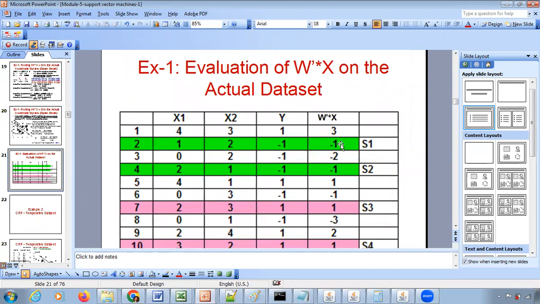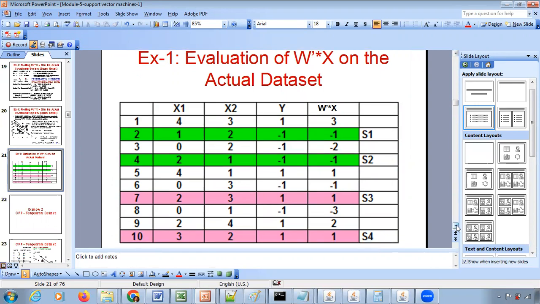That's why we get -1, -1 for the negative class support vectors, and 1 for the class 1 support vectors, because we just used a normalized version of these data points to come up with the model. So when you transform to W prime times X, we also get 1, 1, negative 1, negative 1 for the support vectors. But for the others, we get something greater than 1 or something less than negative 1.